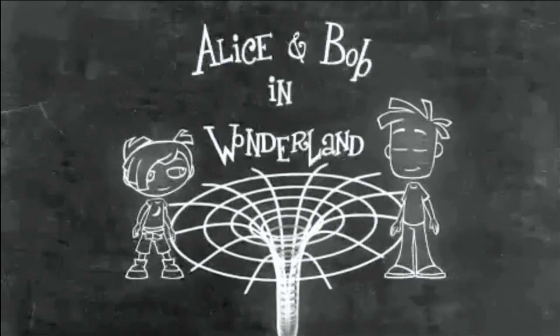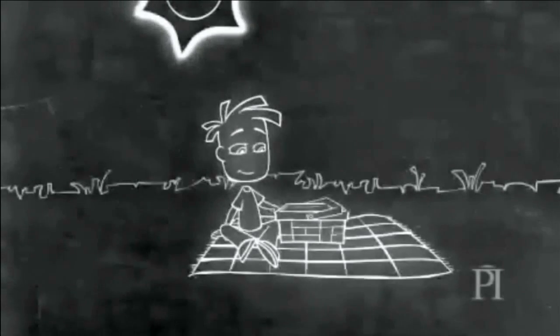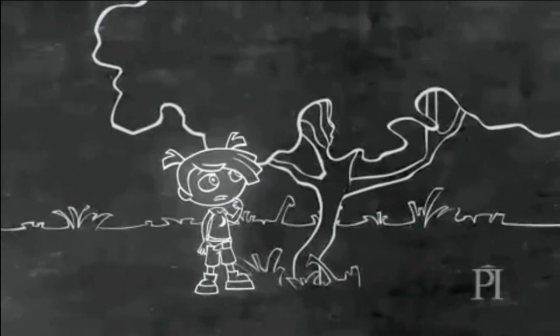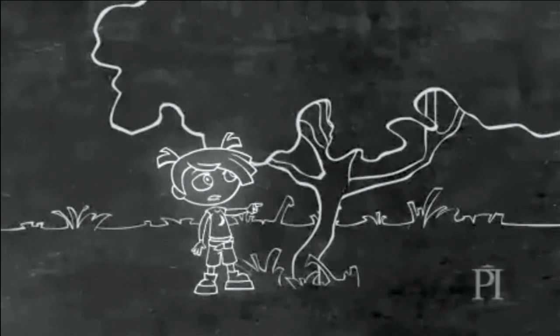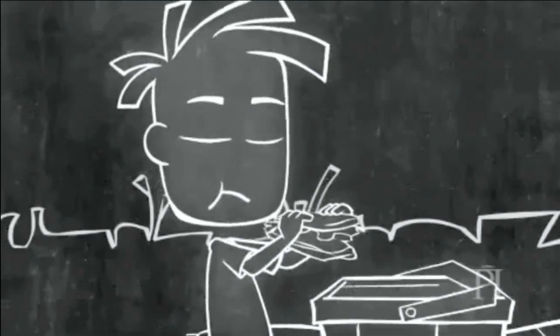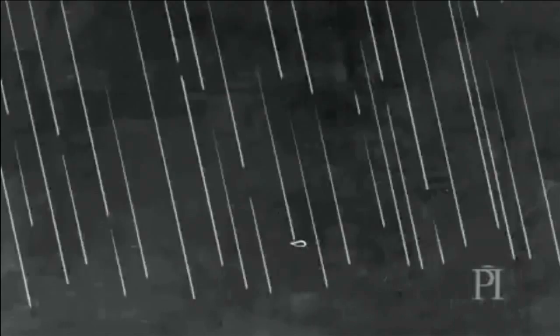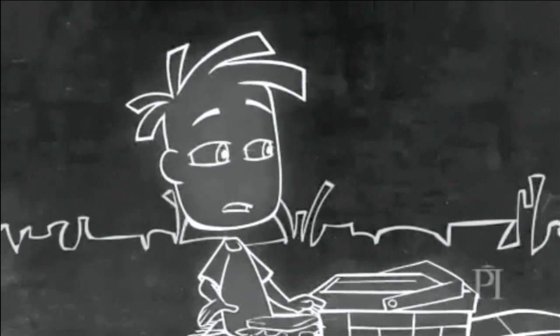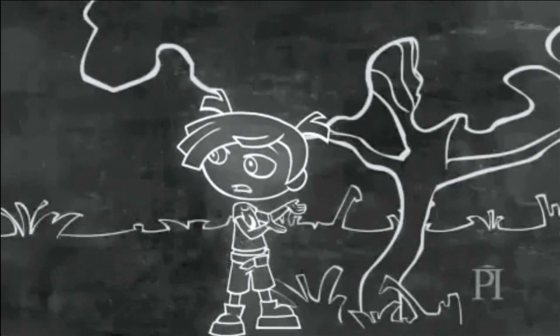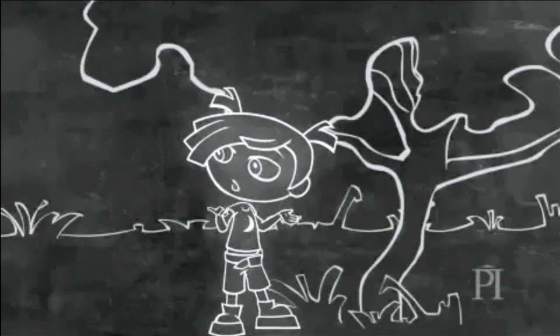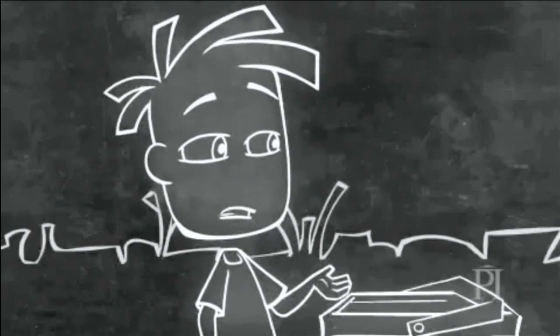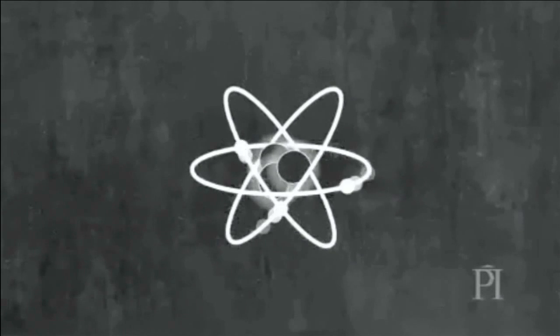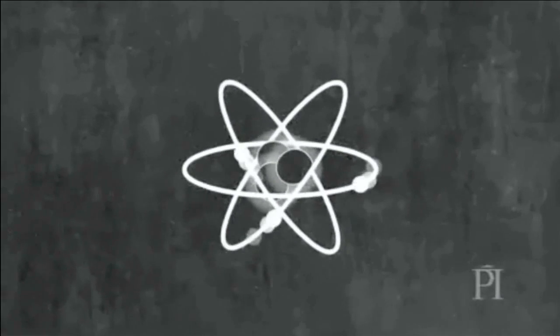Hey, Bob. I don't see how this tree can exist. Well, a seed fell, then rain and sunshine came along. No! I mean, a tree is made of atoms, and I don't see how atoms can exist. Why not? Electrons orbit the nucleus like planets orbit the sun. But that's impossible.